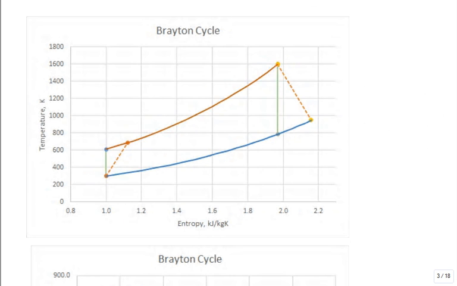So this is what it looks like for that problem that we solved last time, plotted with real data, okay? Where I have to arbitrarily introduce the entropy. So I set state 1 to have an entropy of 1 right here. And then it was around 300 Kelvin. We went through a compressor with a pressure ratio, I think it was 9, and it boosted the temperature up to around 600.